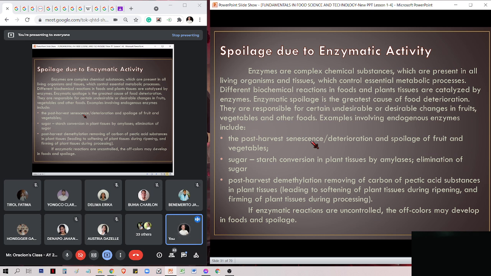Okay, it invaded with different enzymes, and then pwede na siyang ma-infected with microorganisms that will lead into food spoilage. So we have it, if enzymatic reaction is uncontrolled, the off colors may develop in food and food spoilage. So the color will change, the texture will change, and that will lead into food spoilage or food deterioration.